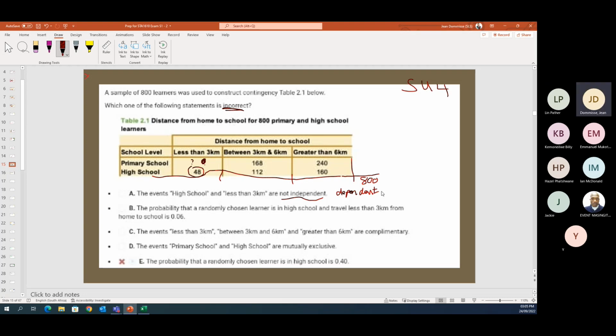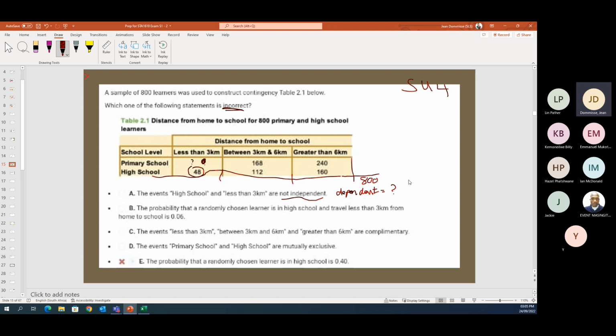Okay, so how do we know when it is dependent or not? Now we go back to way early in the year. When something is dependent or not, we need to work it out with a certain formula.